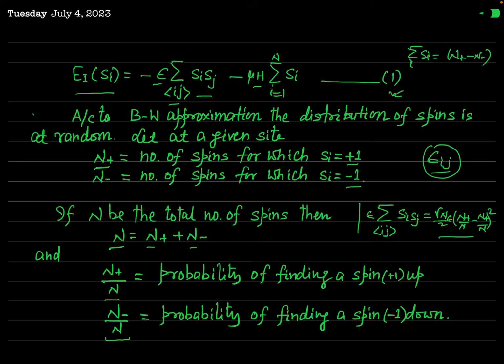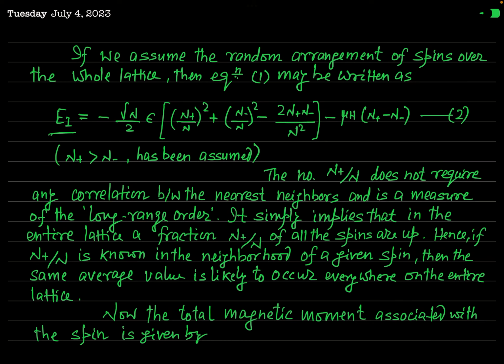After substituting these values in equation 1, the expression for the energy of interaction will become like this. EI will be equal to minus gamma n divided by 2 times epsilon times n plus divided by n minus n minus divided by n, whole square.